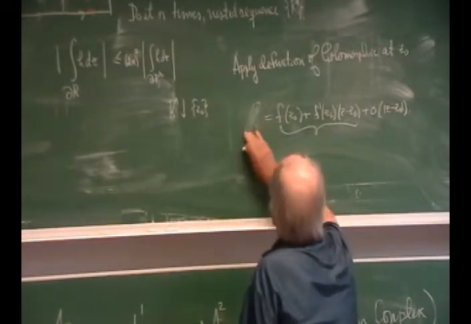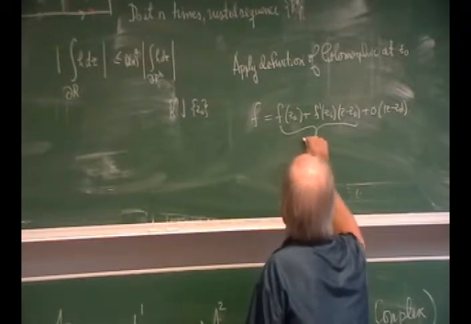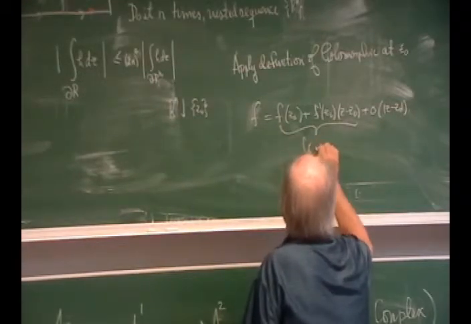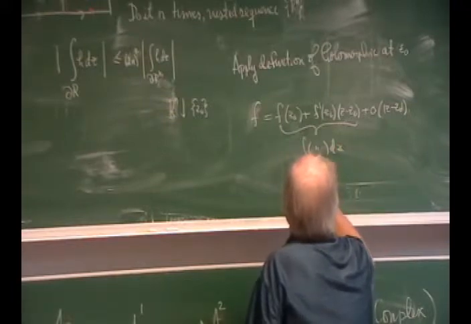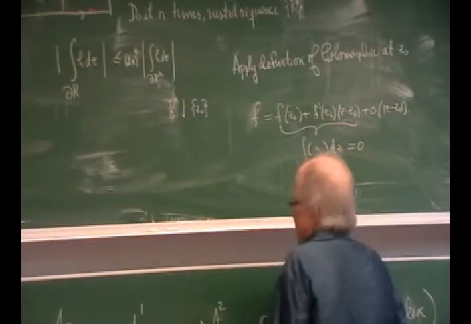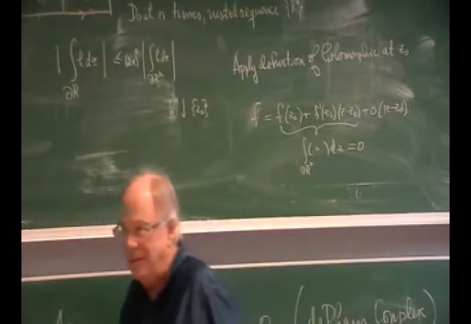So I'm sorry, yeah, this is bad. So the integral of this guy around the boundary of any of these Rn is 0. Right?